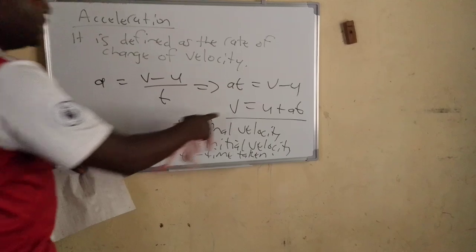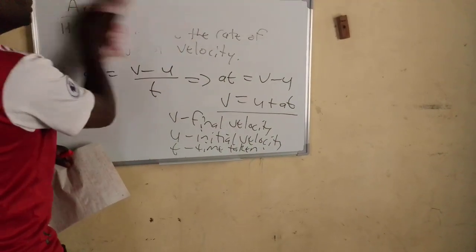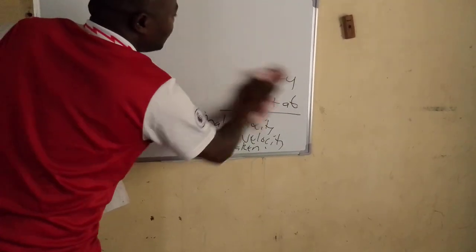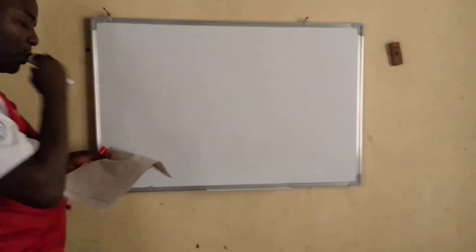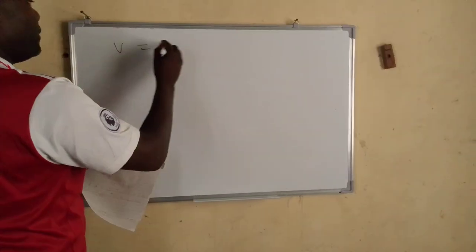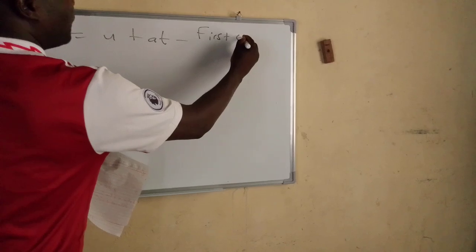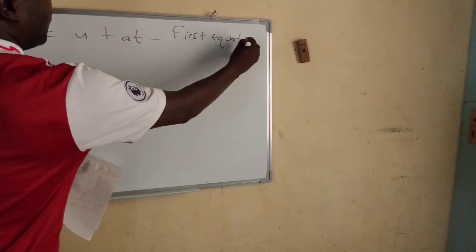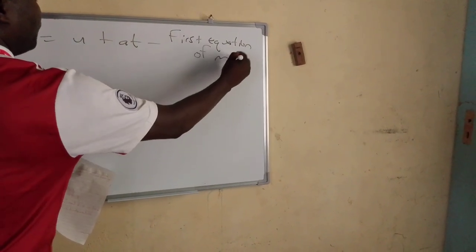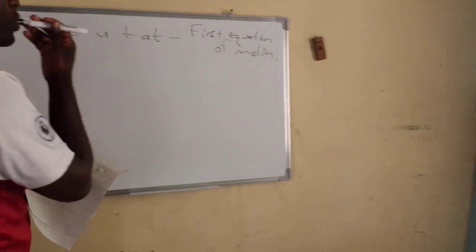So this would be our first equation of motion. v is equal to u plus at is the first equation of motion.